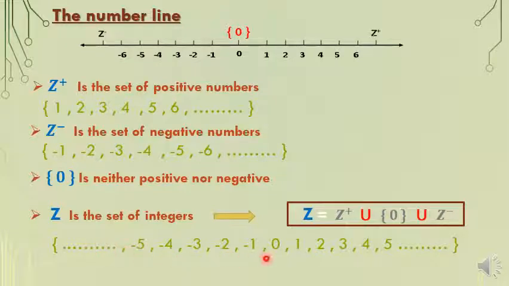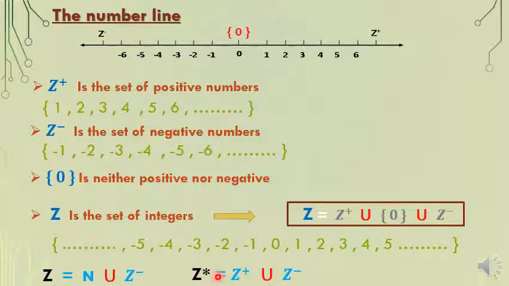Which means here we have 0, 1, 2, 3, 4, 5, and so on. From the other side, I have negative 1, negative 2, negative 3, and so on. So, Z equals N union Z negative. Starting from this 0, here we have the N. N union Z negative will give me Z. Z star.